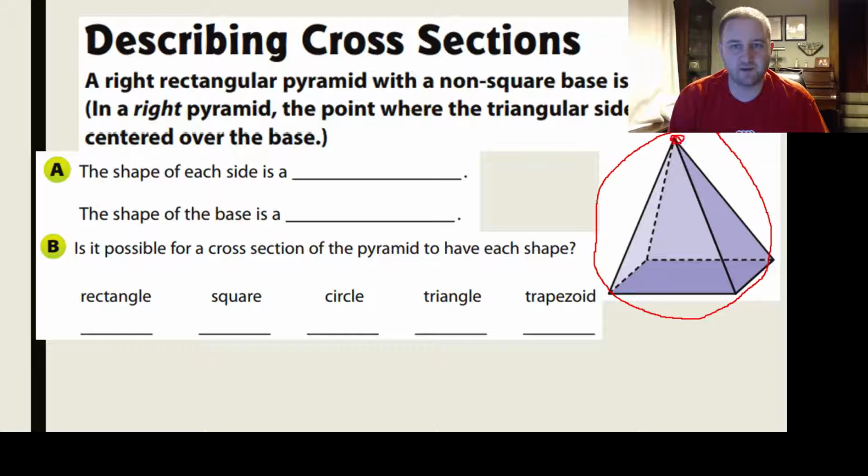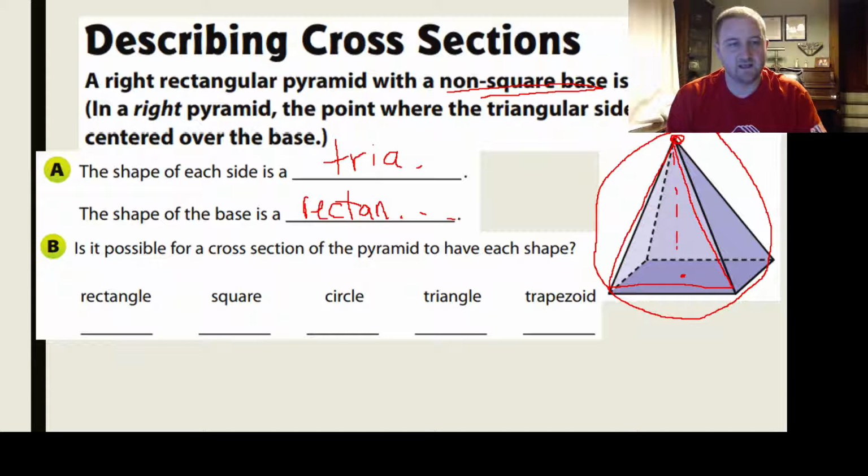So it's just saying it's centered, going from the center over the base right down to the center. Okay, so A, the shape of each side is a what? These sides are all triangles, right? The shape of the base, since it's a non-square base, has to be a rectangle.